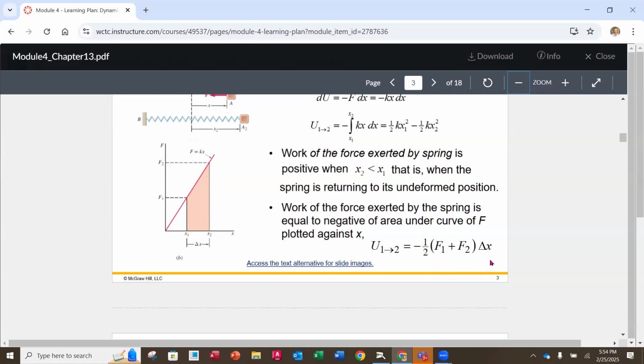You're going to notice right here the equation related to springs, where we take negative 1/2 times F1 plus F2, and then we take the distance, or the change in the distance that occurred. Now, F1 and F2 may change depending on where we're at in the spring. So for instance, if we're just starting, or it's not even being pulled apart, that force is going to be different than when we're actually stretching it further.